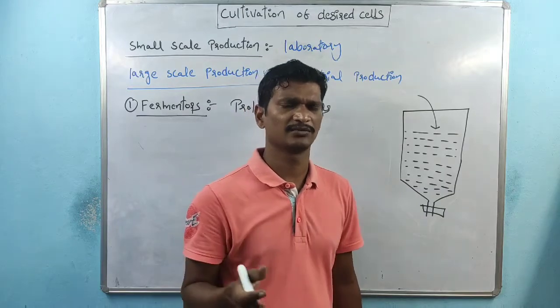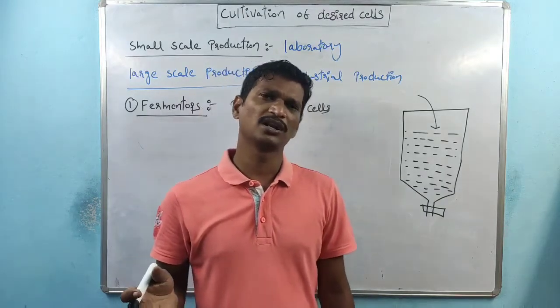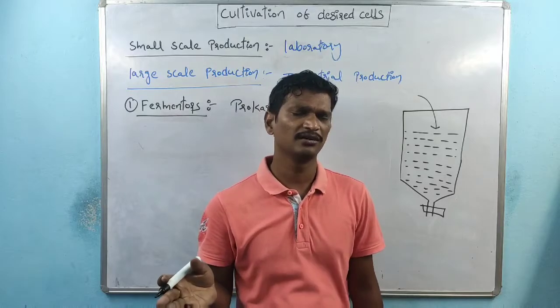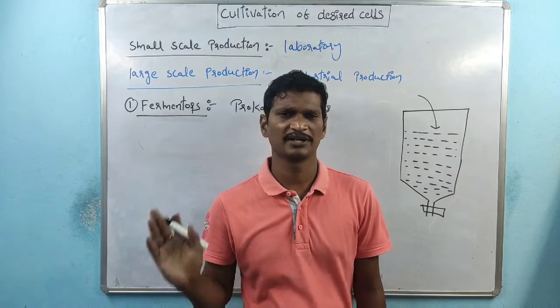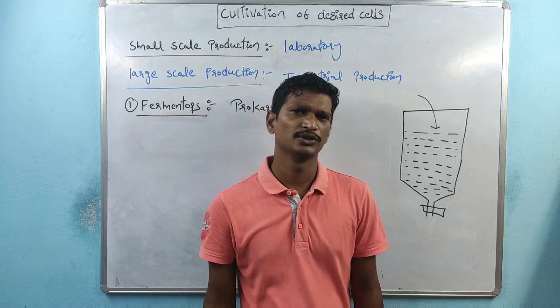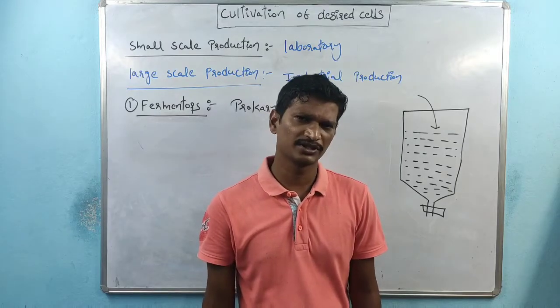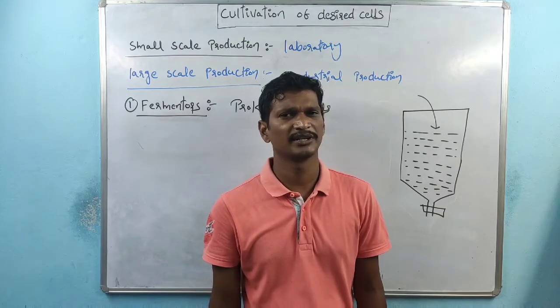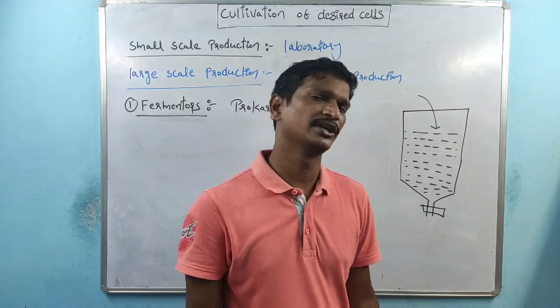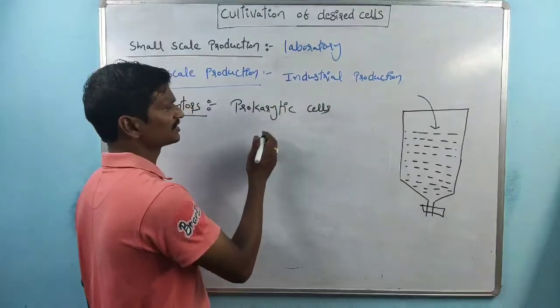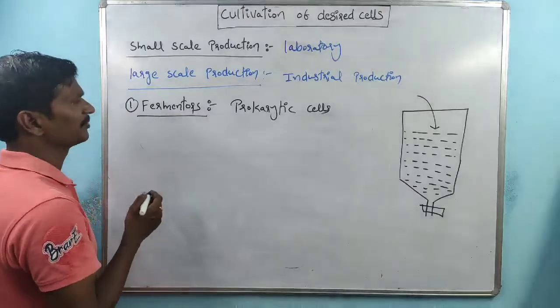That is one of the natural methods, done by the usage of fermenters. Insulin production is also done by fermenters, because here we are cultivating E. coli. So cultivation of prokaryotic cells is done within fermenters.